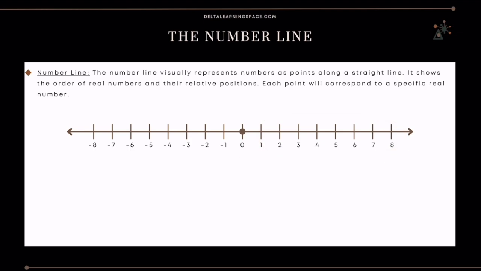The order is important because we need to make our number line sequential, starting from the lowest value we want to show and increase to the highest value that we want to show.